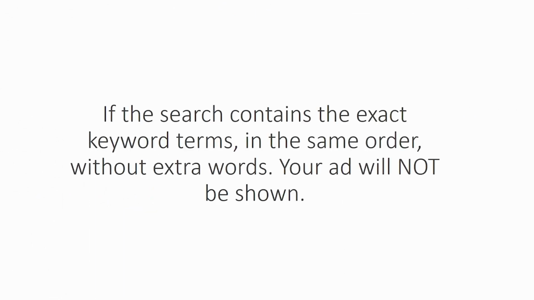And lastly, we have the negative exact match type keyword. If the search contains the exact keyword terms in the same order without any extra words, then your ad will not be shown.